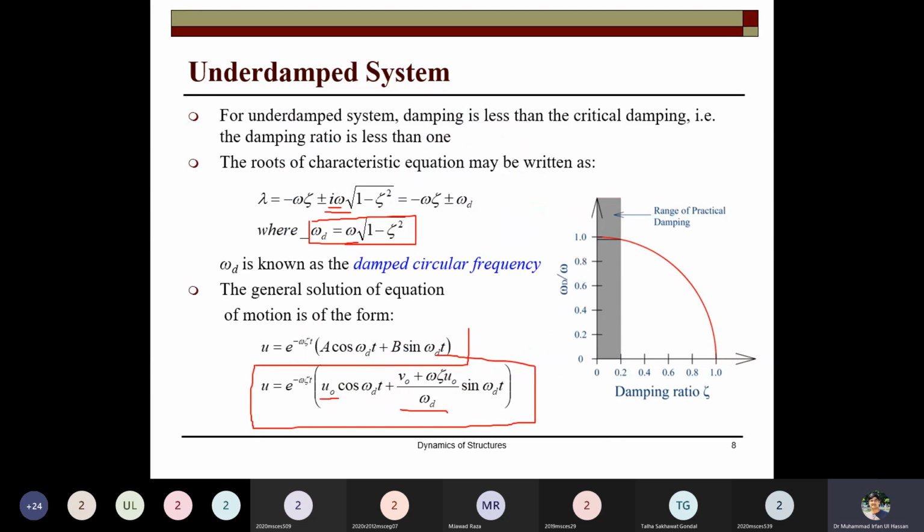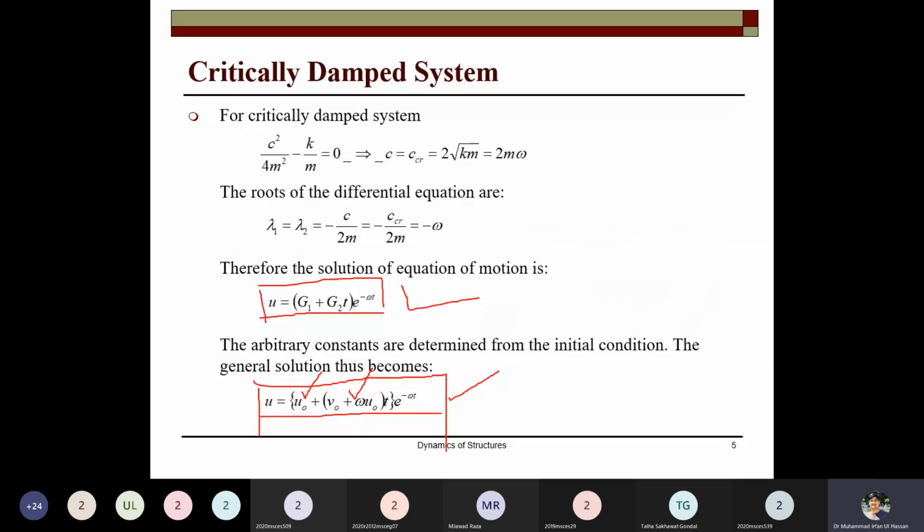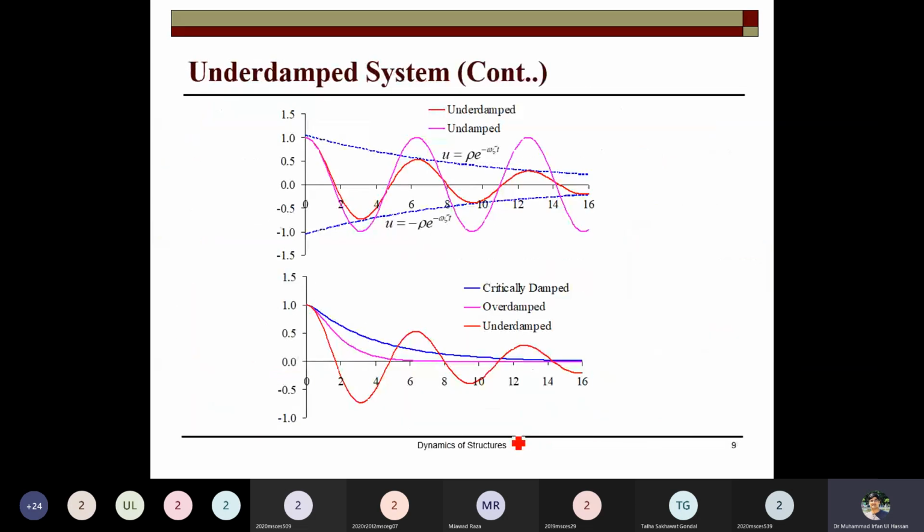So what is the comparison now that you have studied the three relations? One for the underdamped system, one relation for the overdamped system, and one relation for the critically damped system. If you join all these relations and plot against time, you see that the critically damped system shows no oscillation.